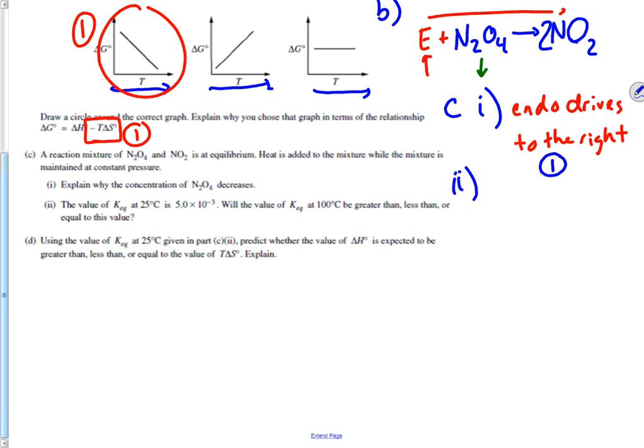Double I, we're almost done. The value of KEQ at 25 degrees is 5 times 10 to the negative third. Will the value of KEQ at 100 be greater than, less than, or equal to? Please be careful. Talk with someone else. Do you think it's going to go up or down? So, by the way, what did I do? What's the original temp? Where does it even say that anywhere?